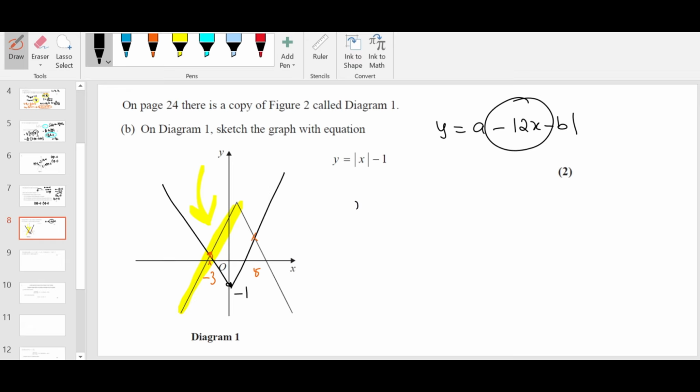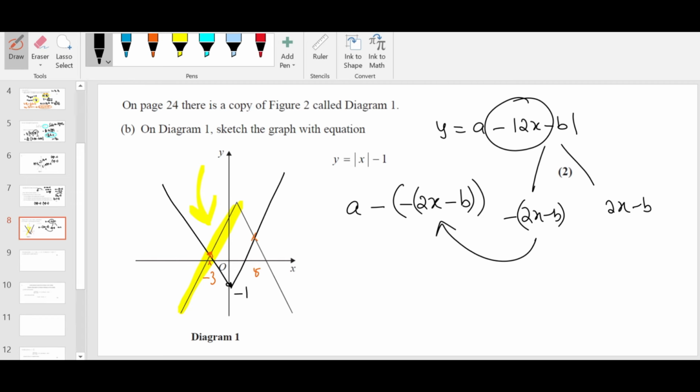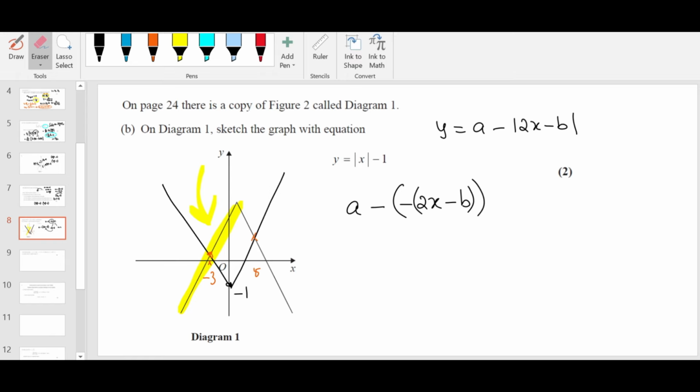You need to take the negative argument to get the positive slope. Hope you understand this. Because this modulus can be written as minus of 2x minus b or just 2x minus b. So we need to take this, so that when you open the bracket, you will get a positive slope. You will get it as a plus 2x minus b.